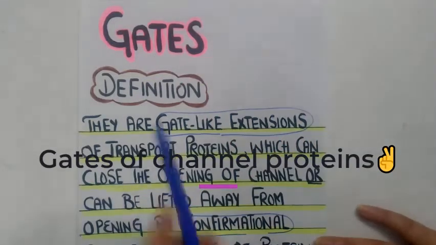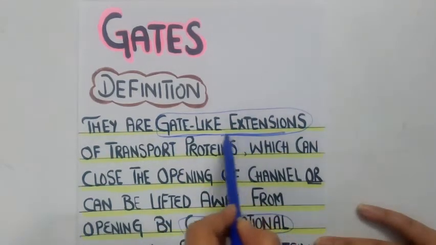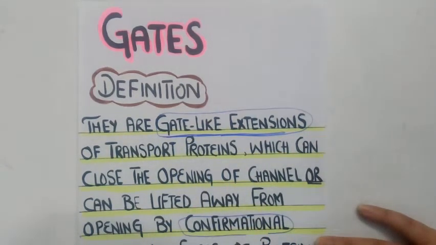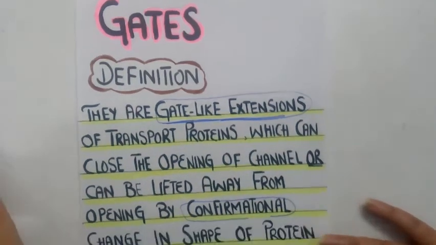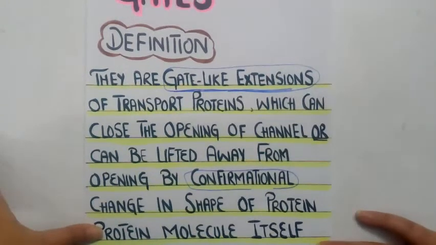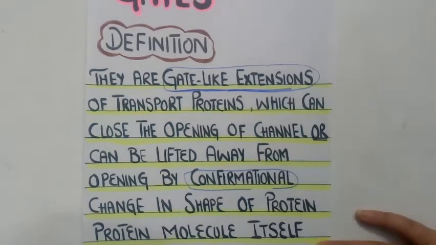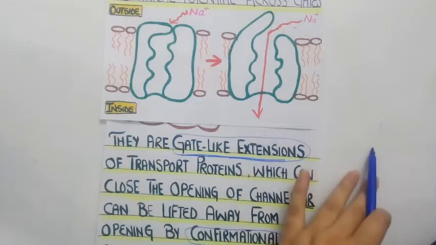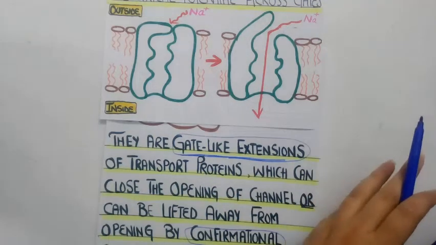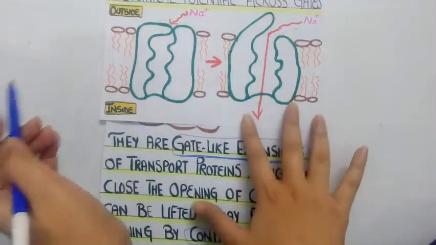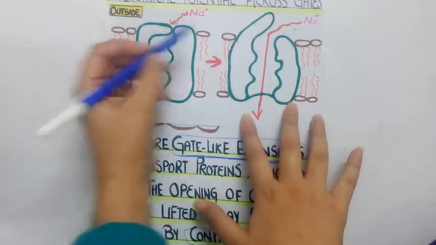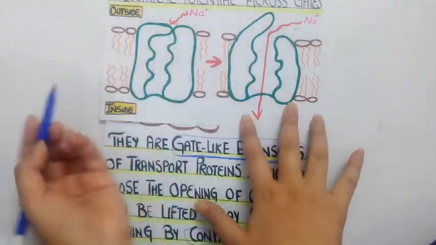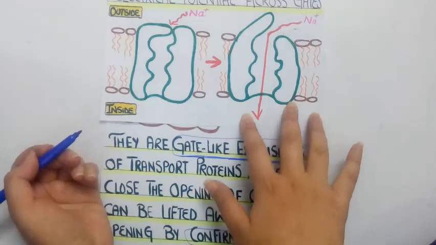Gates are the gate-like extensions of the transport proteins which can close the opening of the channel or can be lifted away from the opening by conformational change in the shape of the protein itself. This diagram shows ion channels, the transmembrane or transport proteins, whereas this part is that gate-like extension which is called the gate.